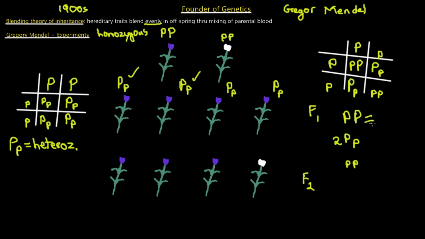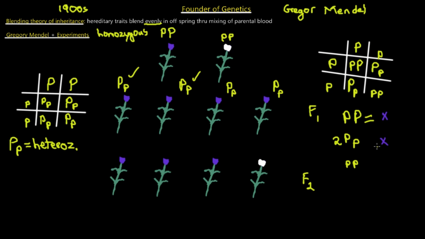So this one is going to be homozygous. It's just going to be purple, right? So that's just going to be purple. Now, this one right here is a mixture. So it's going to be the same as the parent with the heterozygous, and it's going to be also purple because it's dominant over the white allele.